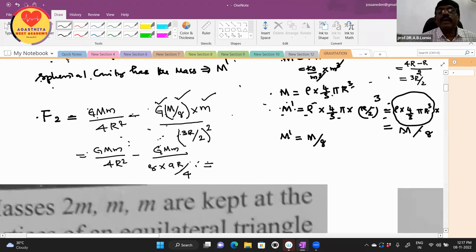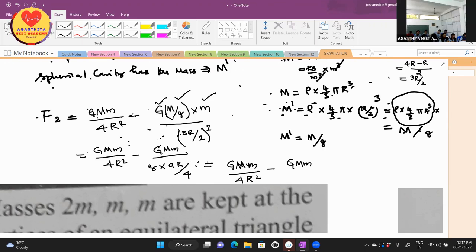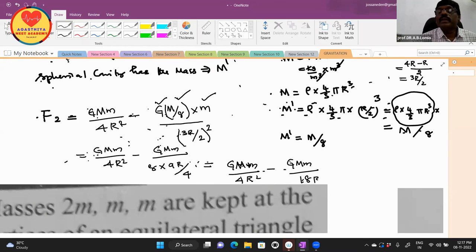Again, it can be simplified. Cancel the 2 times: 4 into 8 times 2 times, so 18 comes. 18 r squared. Now take the LCM.